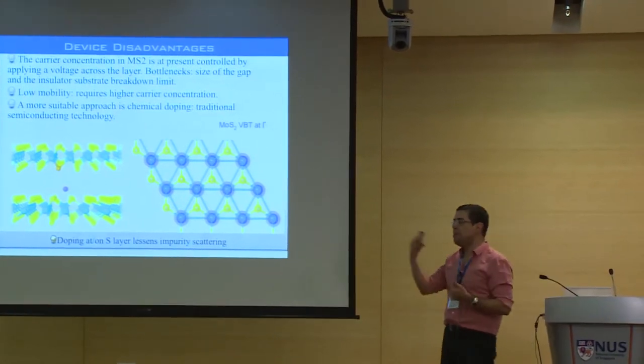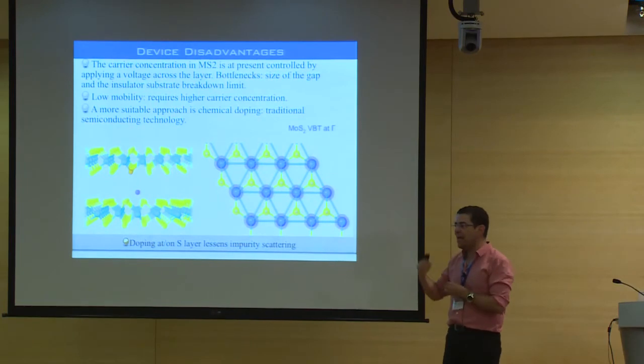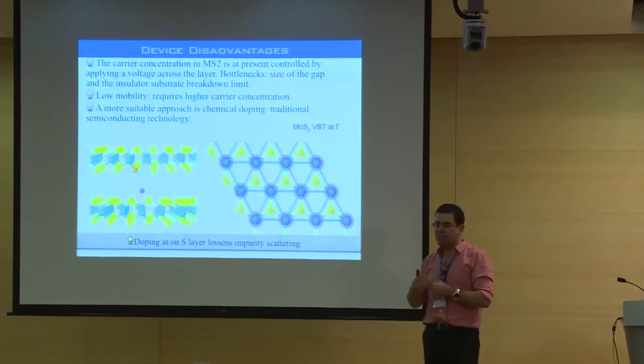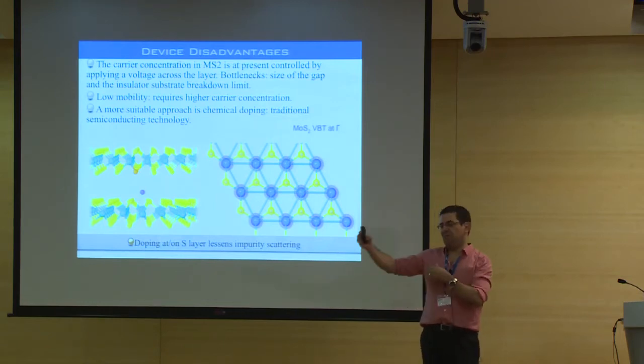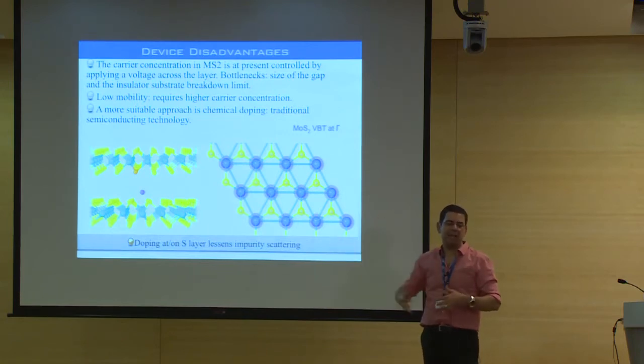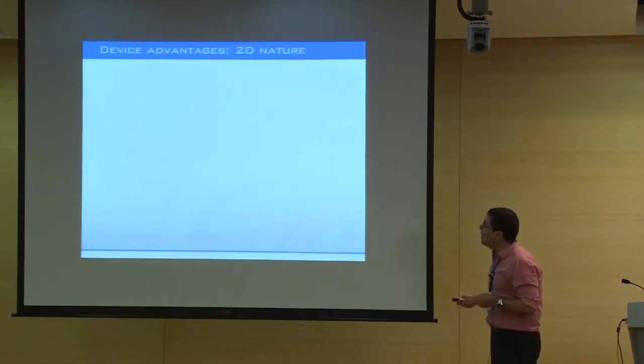Or actually, let me put this in a different way. You expect that if you dope the material enough, the disorder introduced by these atoms will be weak compared to what you gain by increasing the electronic density. We have studied this.